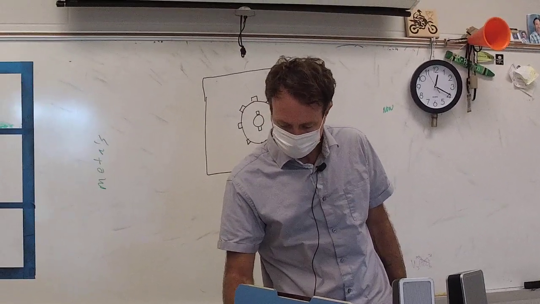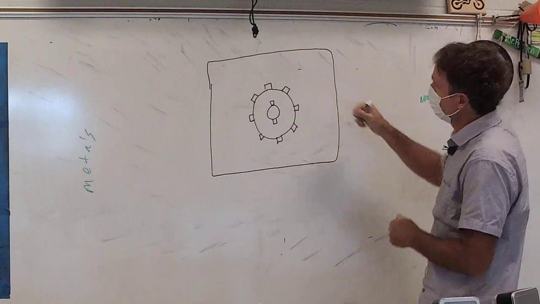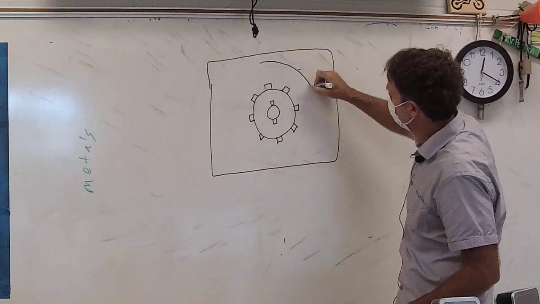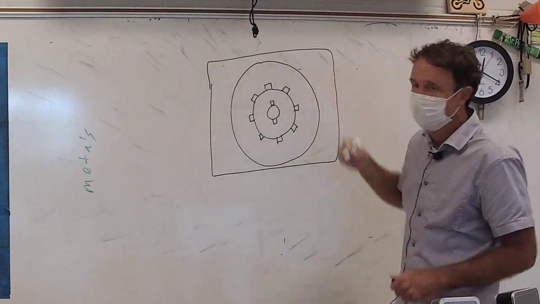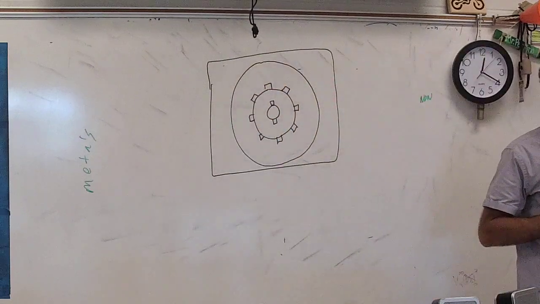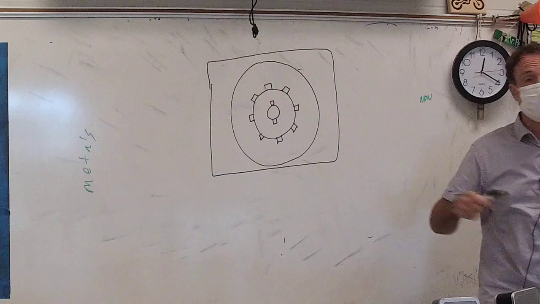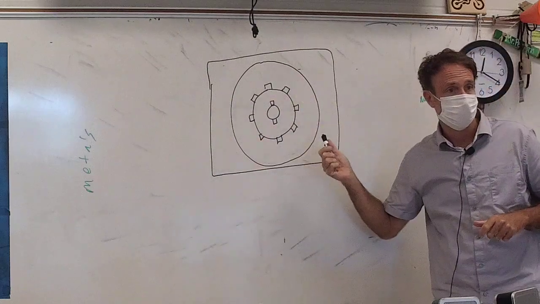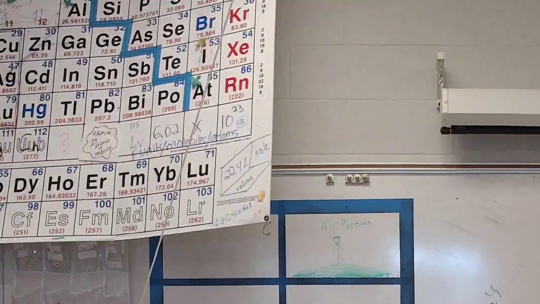Okay, so we're now going to draw a third ring that goes out near the edge of our paper. And since this is the third circle, how many open spaces will be on it? How many open spaces will be on the third circle? Okay, let's take a look at the periodic table.